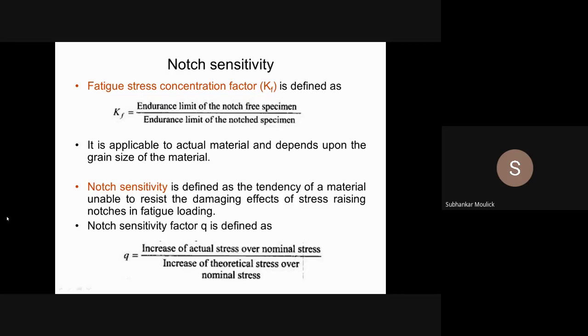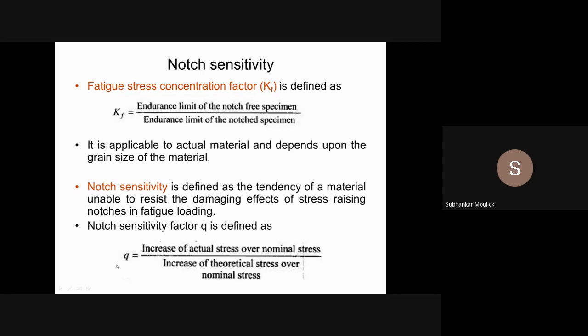It is defined as the ratio of increase of actual stress over nominal stress divided by increase of theoretical stress over nominal stress. And how to get the value of q?